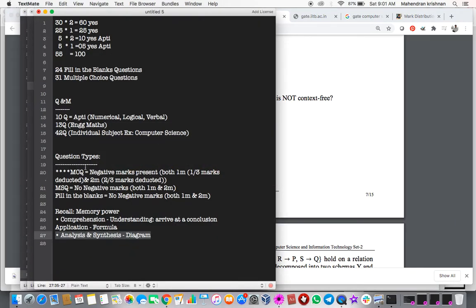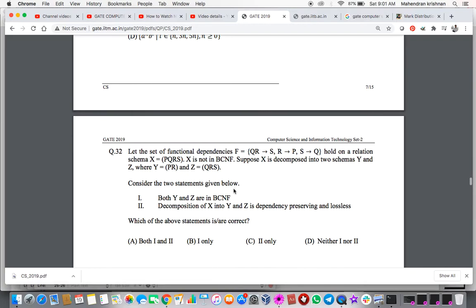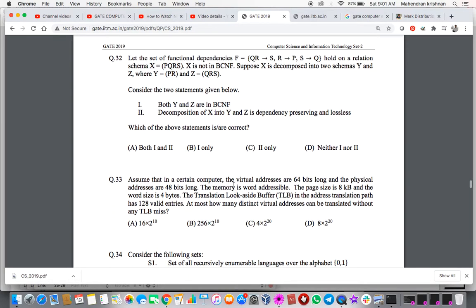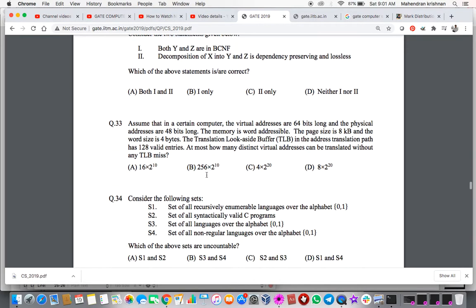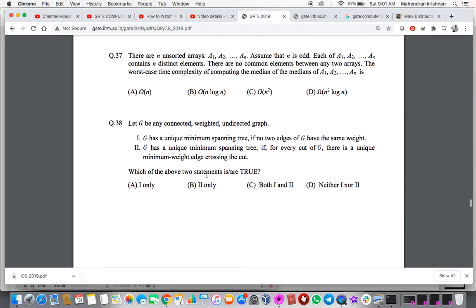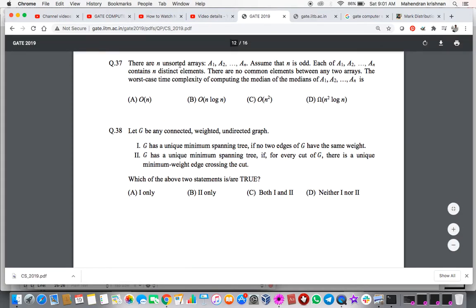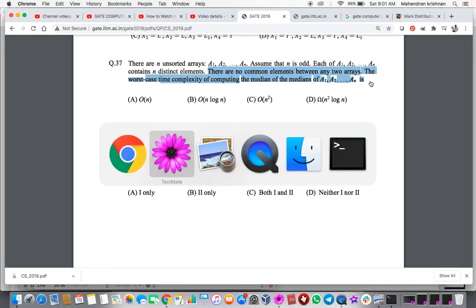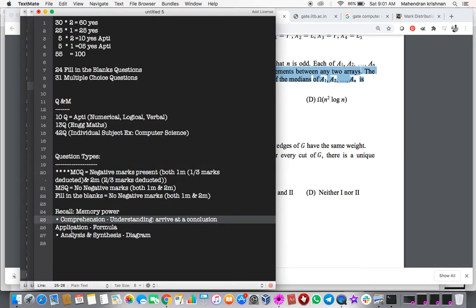Let me figure out. This is a comprehension based question. This is also comprehension: an unsorted array, what would happen for this particular scenario. This scenario is also application based, we can say.